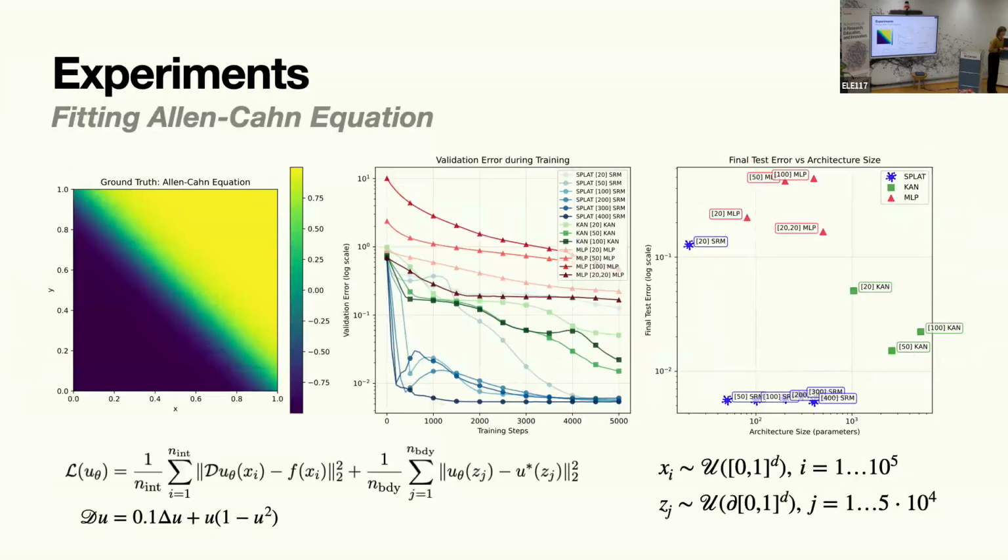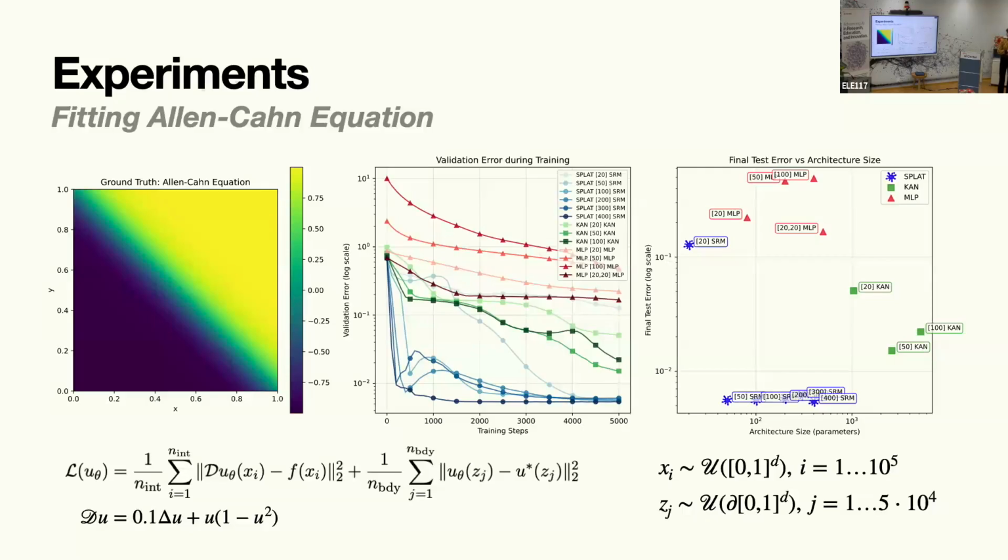Our next experiment is truly physics-informed learning. And here we use the Allen-Cahn equation, which is a model for boundary formation. Here it's a relatively large scale boundary just on one line in the domain. So this is a simple instance of the Allen-Cahn equation. Our loss is a sum of residual errors.